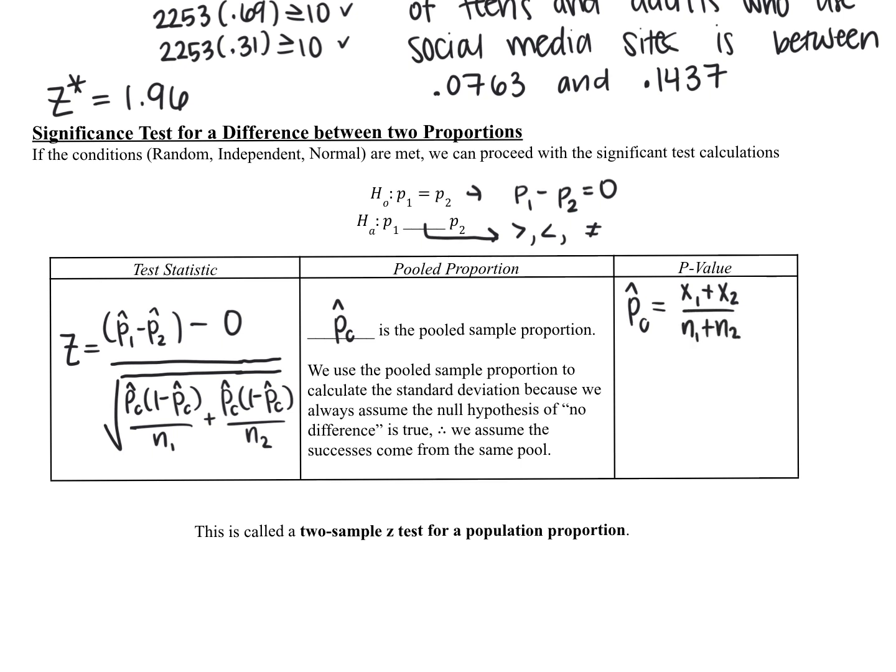That's how we find our pooled proportion. And then to find our p-value, we use normal CDF. I will also discuss the calculator feature that will help you calculate it for the difference in proportions significance test. This is called a two-sample z-test for a population proportion.